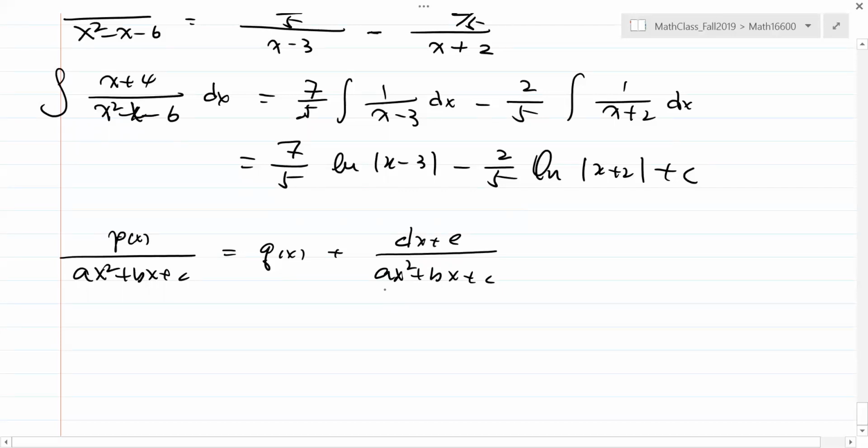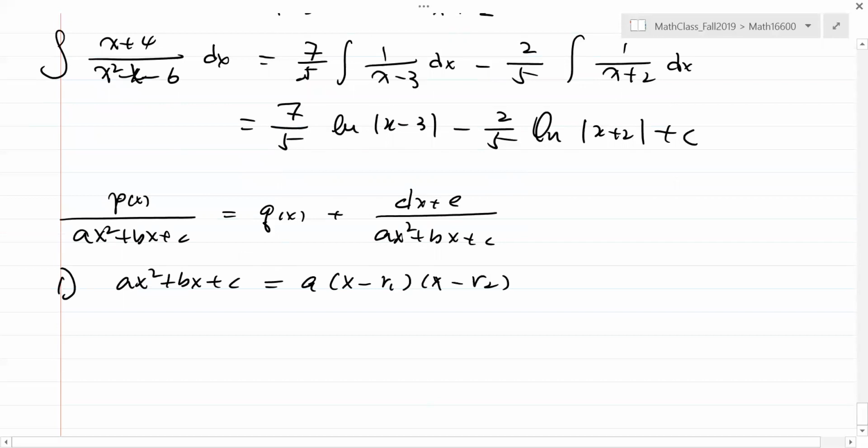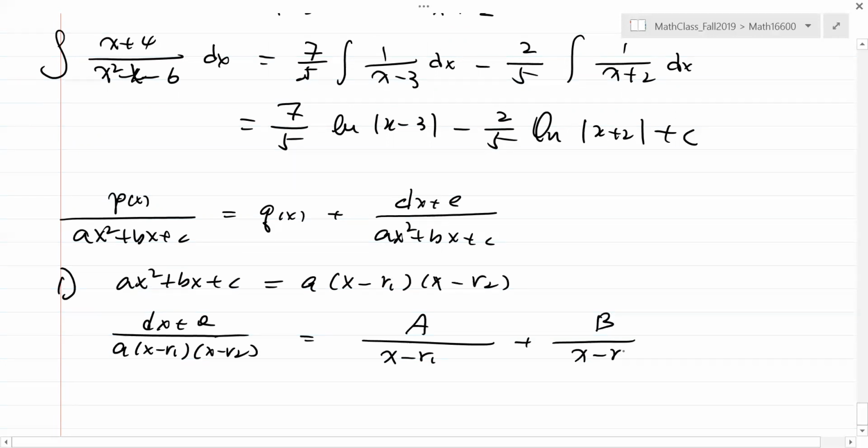So if ax squared plus bx plus c can be factored as a(x minus r1)(x minus r2), then (dx plus e) over (x minus r1)(x minus r2) can be separated like this, and if you determine the coefficients, then you can solve the problem.